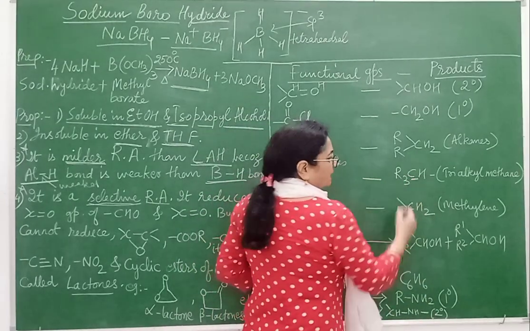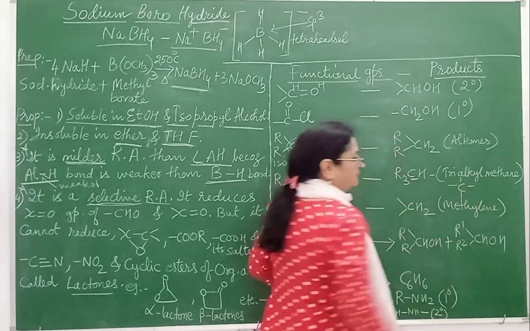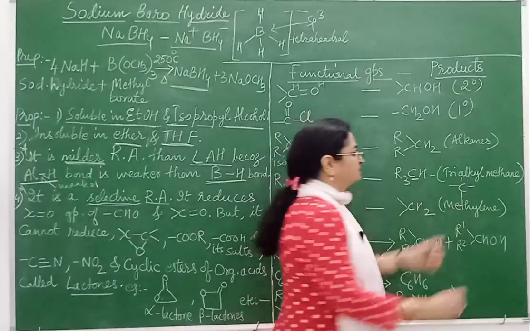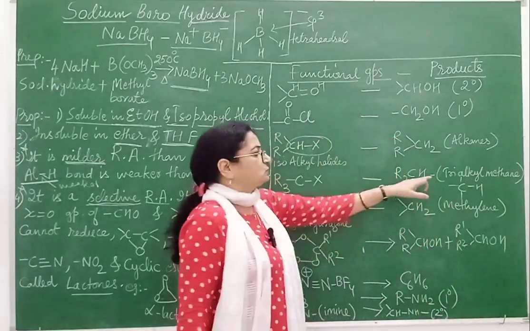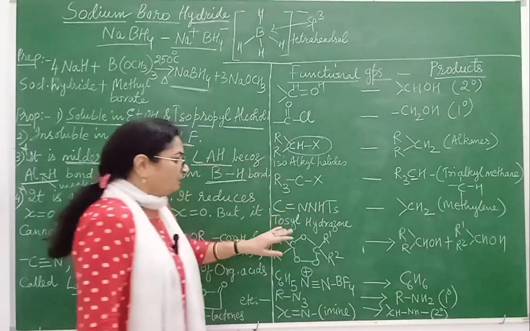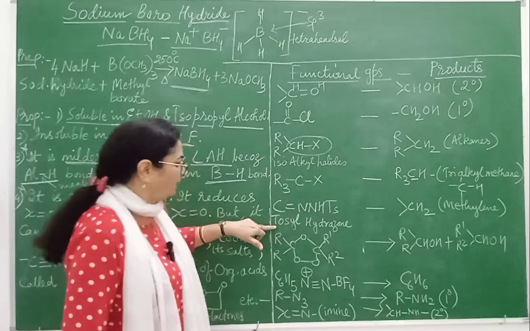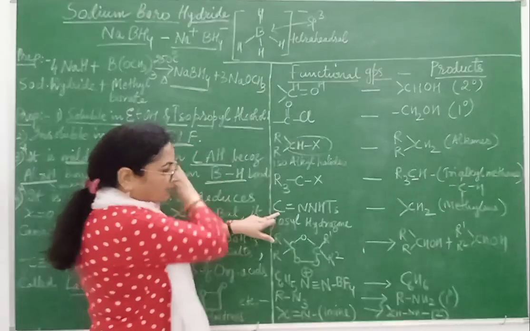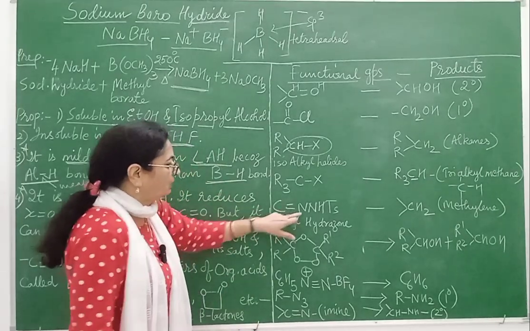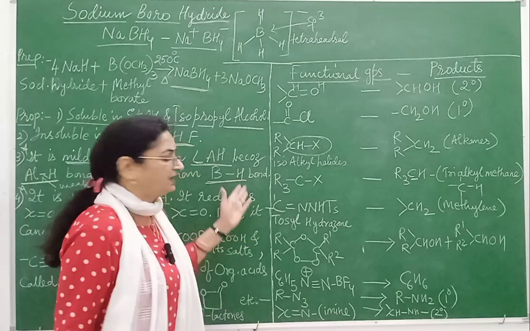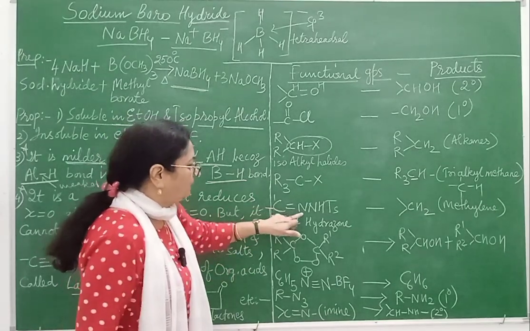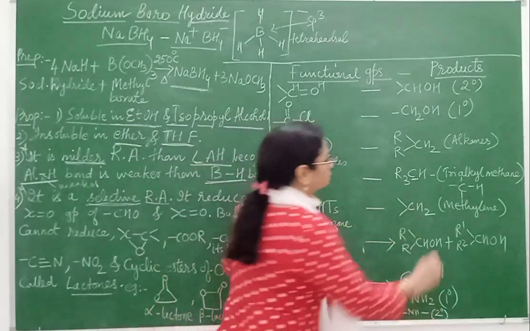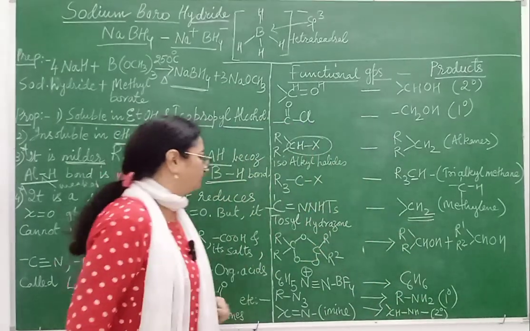It contains one carbon atom, and we know methane has valency 4. 3 valencies are satisfied by R and 1 by H. Therefore, it is called trialkyl methane. Now see another special compound, tosyl hydrazone, C=N-NHTs. Of course, the valencies of carbon are satisfied by other groups. This tosyl hydrazone gets reduced to a methylene group, CH2.